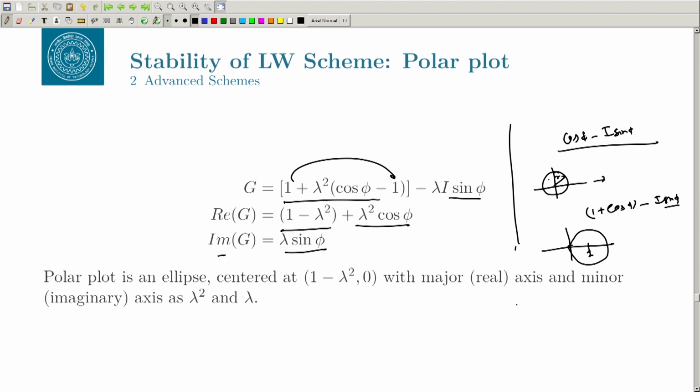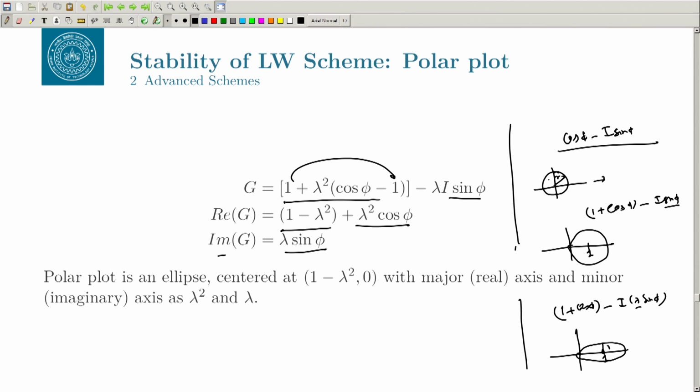Now, let us say that I have 1 plus cos phi minus I lambda sin phi, okay, then it is an ellipse, right, which depends on lambda. Your radius is 1, okay, major axis is always 1, but minor axis depends on lambda, right.